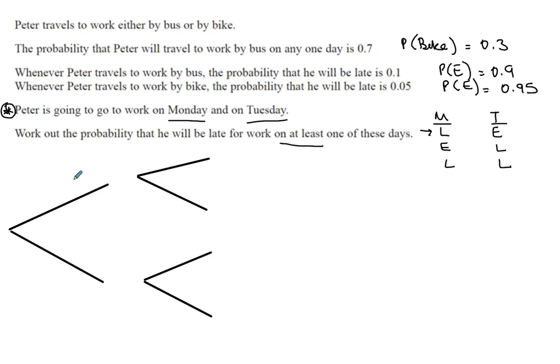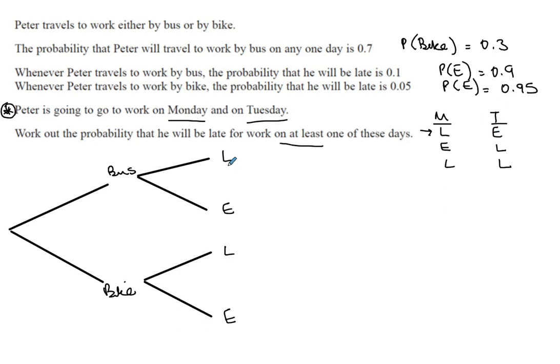All right, so if he's going by bus or bike and late and early, late and early. Okay, so we're not thinking of the Monday, Tuesday right now, so that's just there once we do this.